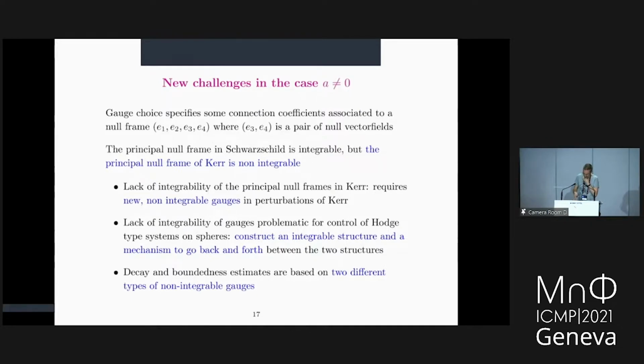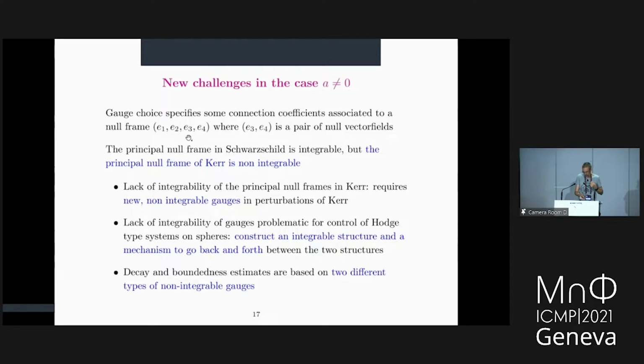And the important observation here is that the principal null frame in Schwarzschild is integrable, while the one of Kerr is non-integrable if the angular momentum is non-zero. And this is the main thing at the conceptual level, at least if you work in this framework, this is the main price you have to pay when you move from Schwarzschild to Kerr. Okay, so what do I call non-integrability? Integrability is the fact that E1, E2 actually span the tangent space of a two-dimensional manifold.